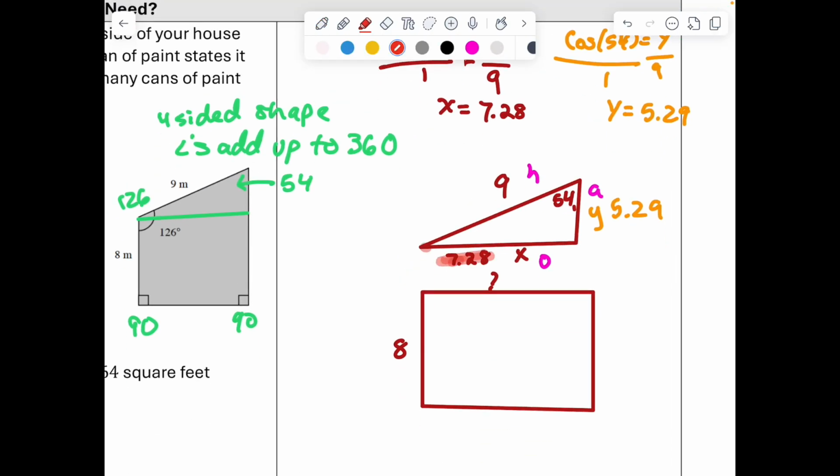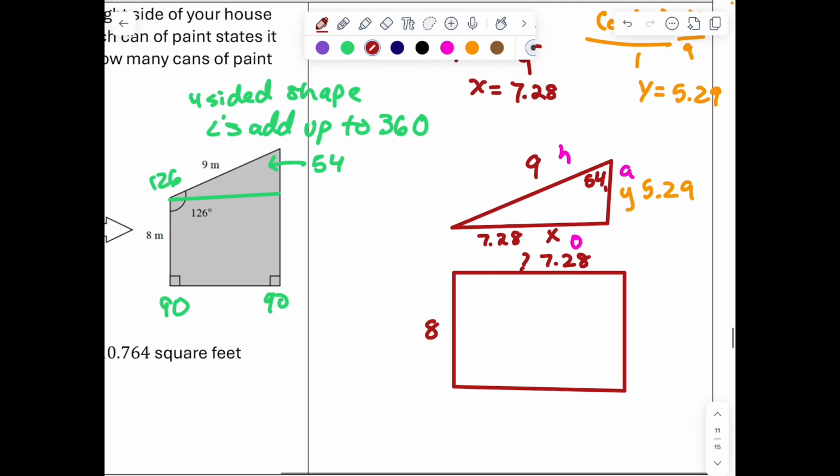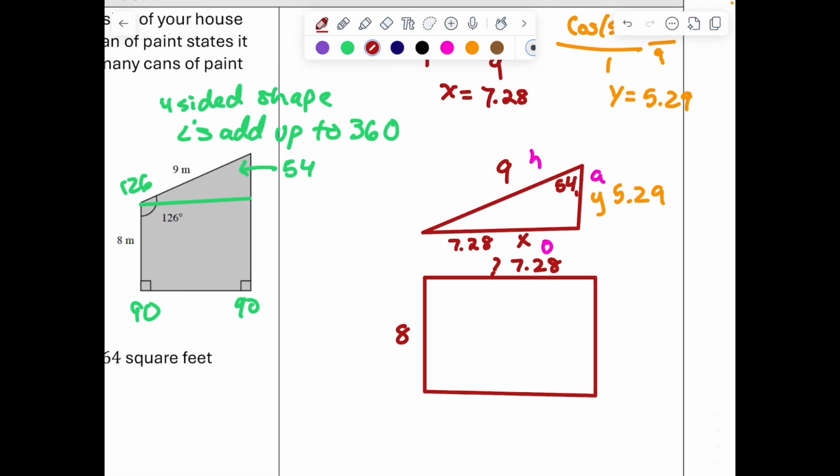And here, 7.28, these are the same side, right? So that means on the rectangle, this is also 7.28 here. So now we have everything we need to find area. The area of a rectangle is just base times height. So 8 times 7.28, that's going to be 58.24.